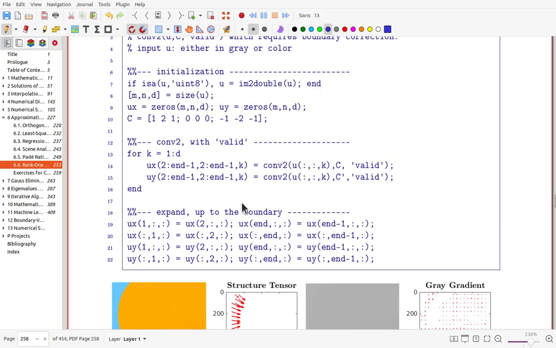Okay. Here it's a little bit complicated. The reason is that in MATLAB, the built-in convolution operator has a little bit of a problem around edges. You have to take care of edge values. The reason is the default computation is done by expanding the outside of the image with values 0.